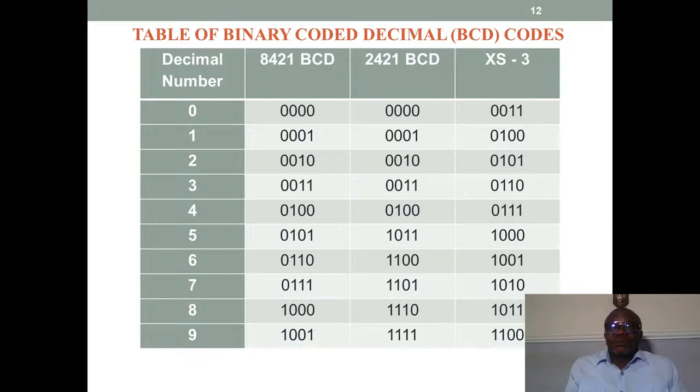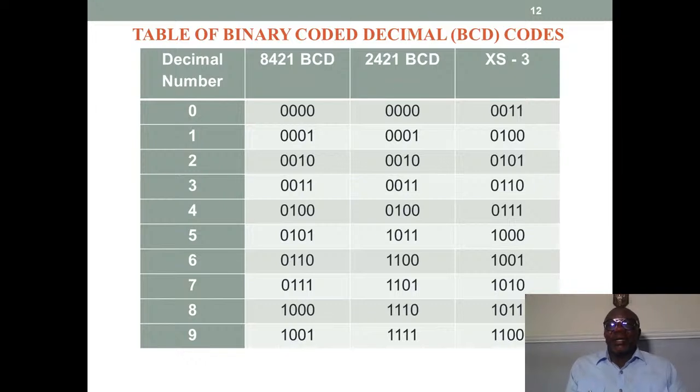So if we take the 2421 BCD code as an example and look at decimal equivalent 9, you see that decimal equivalent 9 in the 2421 BCD code is 1111. Now, the first one, which is the least significant bit, carries a weighting of 1.